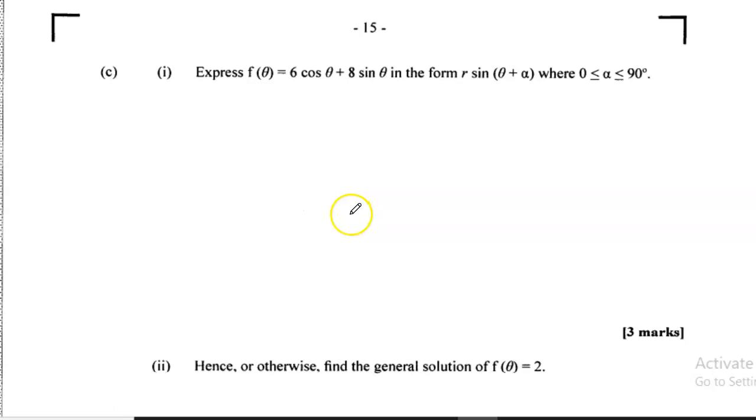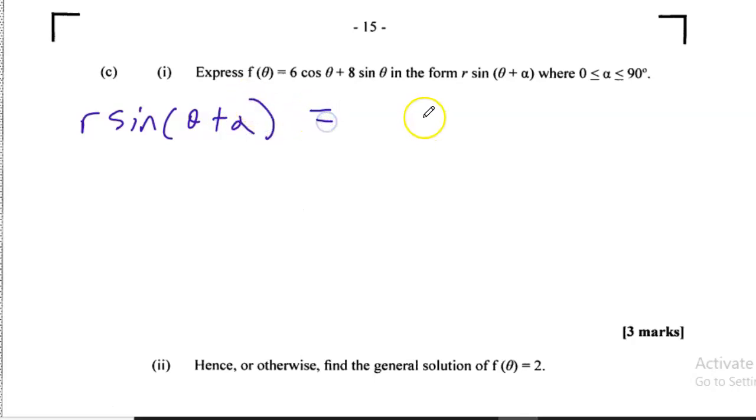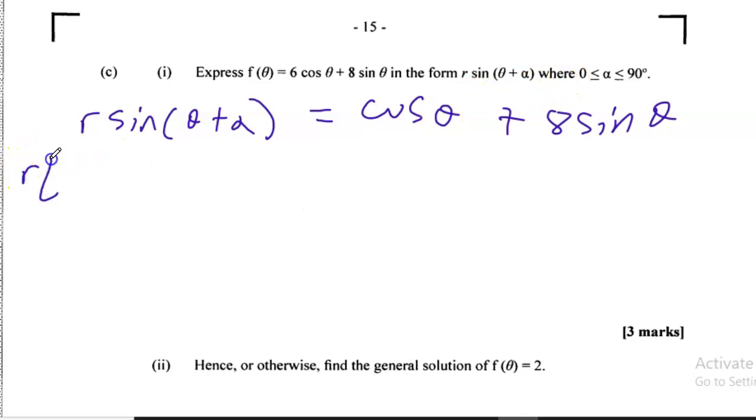So next, we're asked to express 6 cos theta plus 8 sin theta in the form r sin theta plus alpha, where alpha is between 0 and 90 degrees. Now if we expand, we have r, and then this is what?